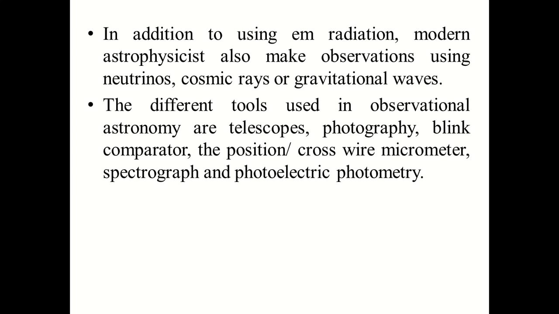The different topics which come under theoretical astronomy were already discussed, and the different branches or divisions of observational astronomy are also discussed. Now we will come to amateur observing. What we mean by amateur and amateur observing, and what are the different tools used for these amateur observations, etc., will be discussed in the next lecture.